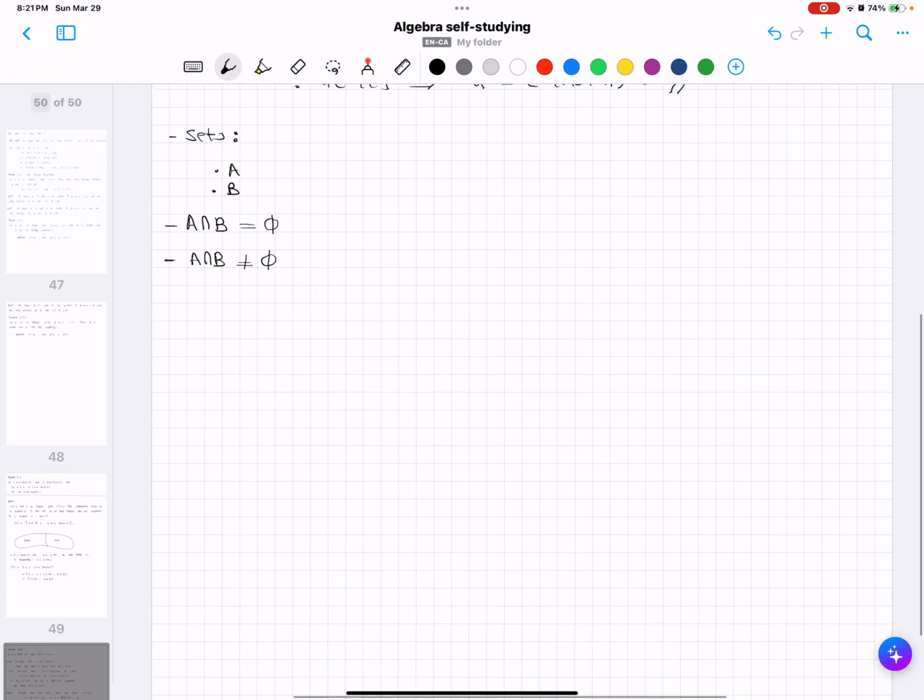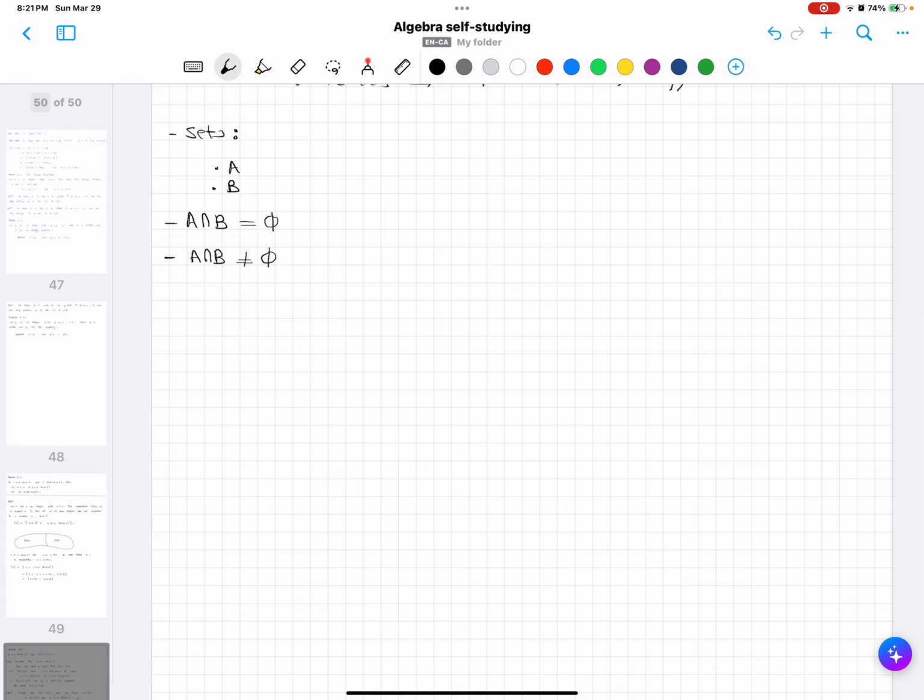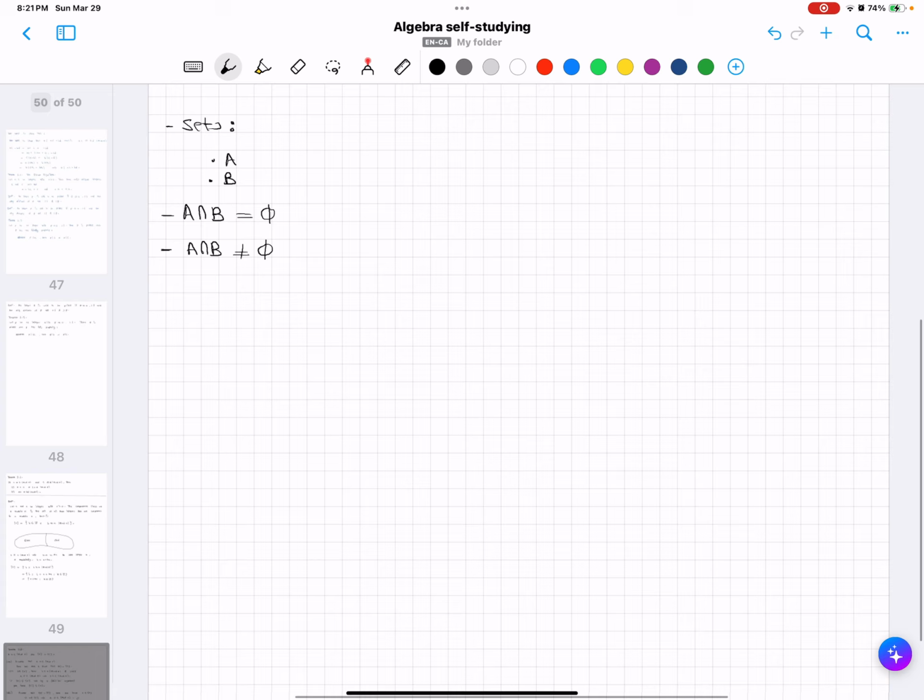So let's write the following corollary. Corollary 2.4.